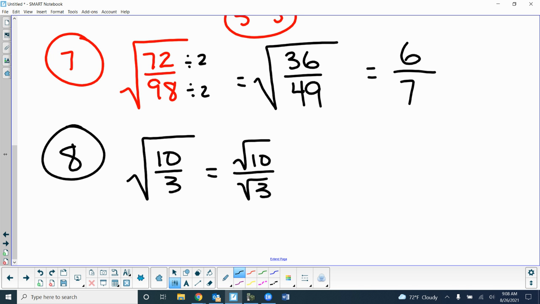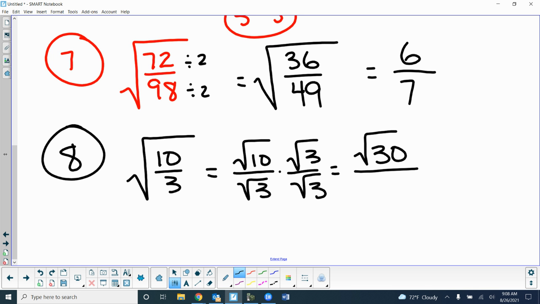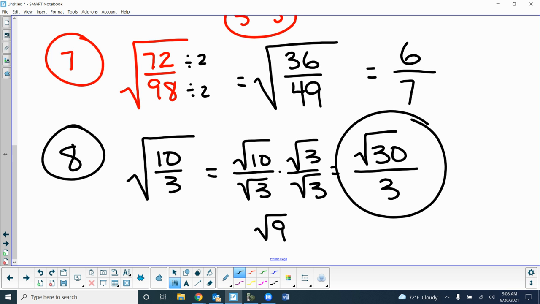So we're going to multiply the top and the bottom by that radical 3. And radical 10 times radical 3 is radical 30. And what's radical 3 times radical 3? Well, 9's a perfect square, right? So what's square root of 9? 3. And you're finished. That's the simplest radical form.